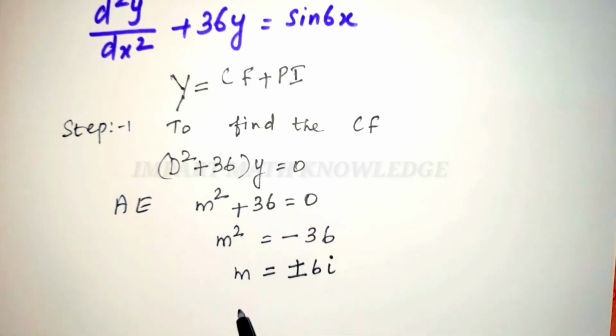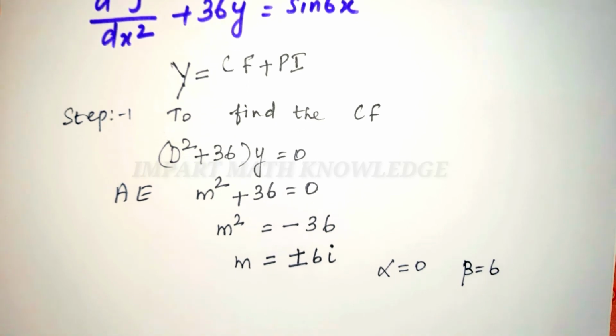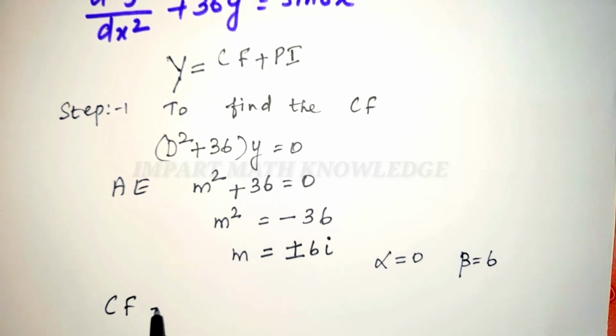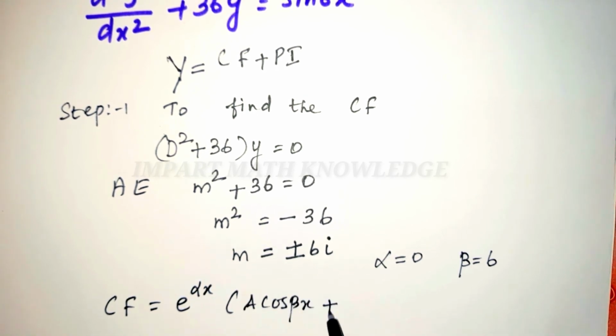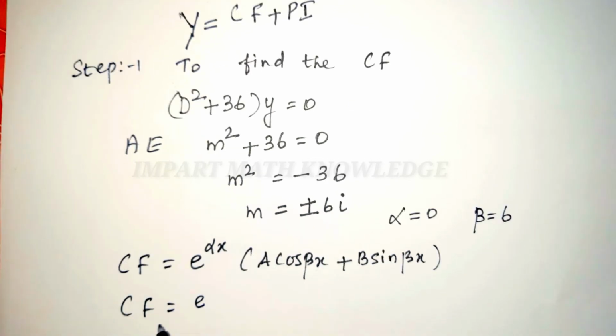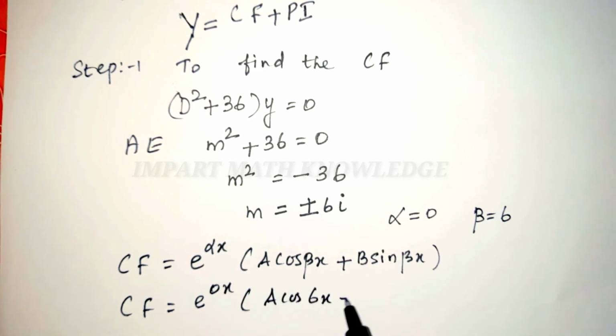The roots are imaginary. Here alpha value is 0, beta value is 6. The complementary function is e^(αx)(a cos βx + b sin βx), that is e^(0x)(a cos 6x + b sin 6x).